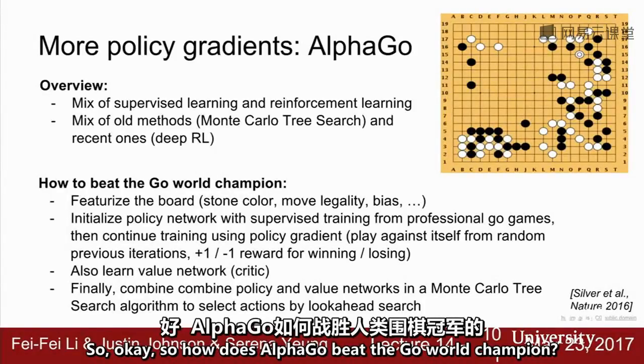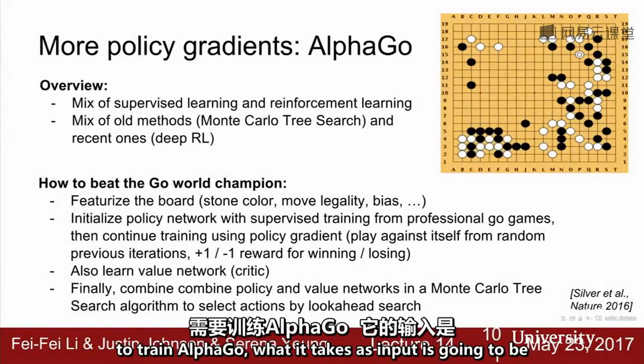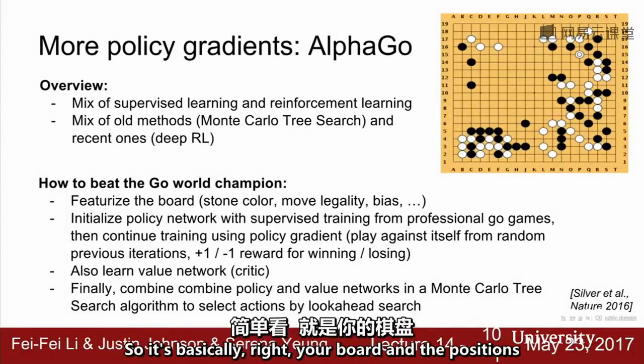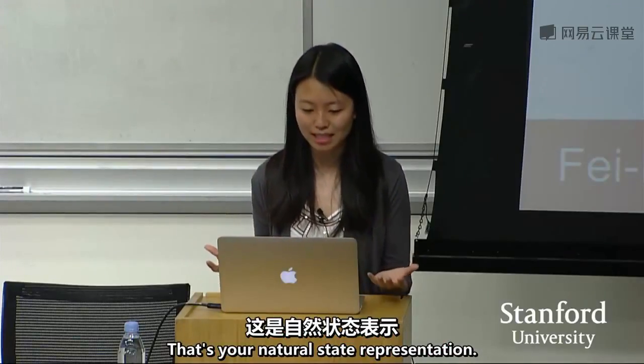So how does AlphaGo beat the Go world champion? Well, to train AlphaGo, what it takes as input is a featurization of the board. So it's basically your board and the positions of the pieces on the board. That's your natural state representation.